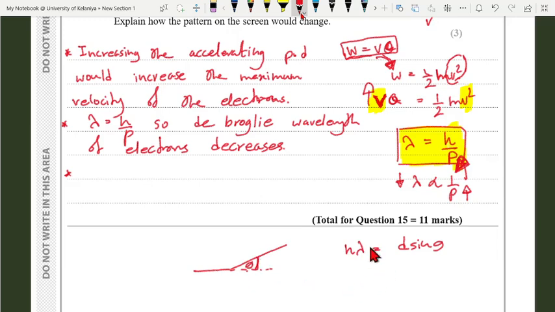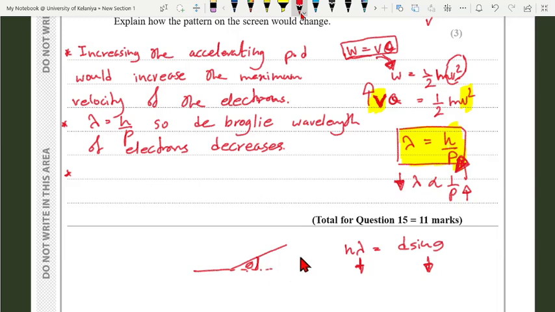We have increased the accelerating potential, so that would cause a decrease in lambda. If this is decreased, and d is constant, what should happen to our sine theta? That also decreases, where theta is the angle between the refracted and incident ray.